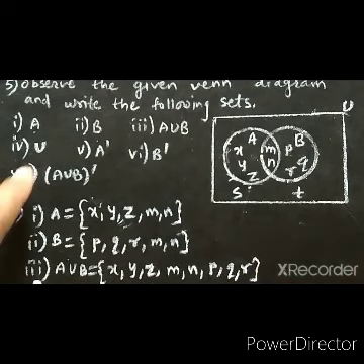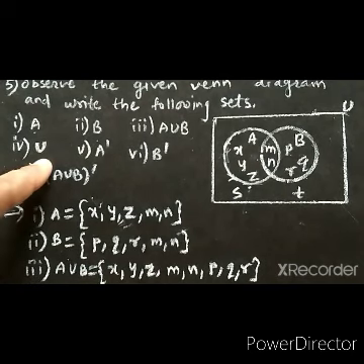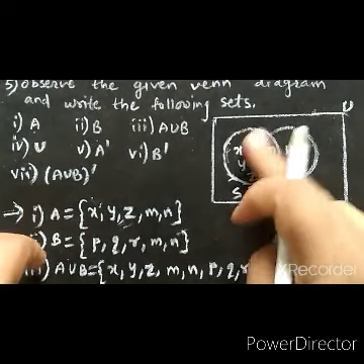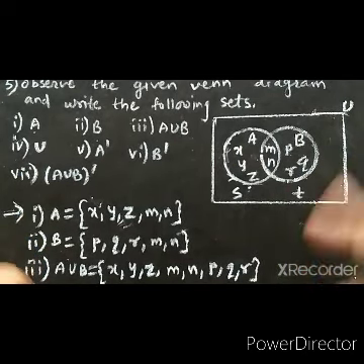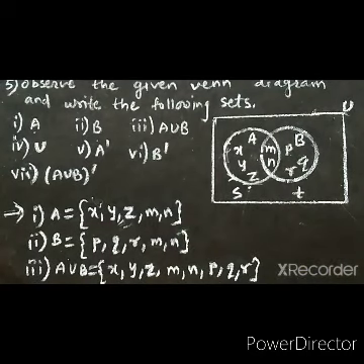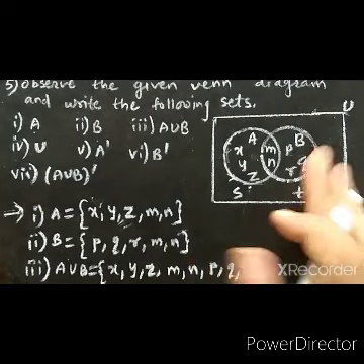Next, number 4, the universal set, that is U. It means we have to write all the elements of set U. So x, y, z, m, n, p, q, r, s, t, all these elements.